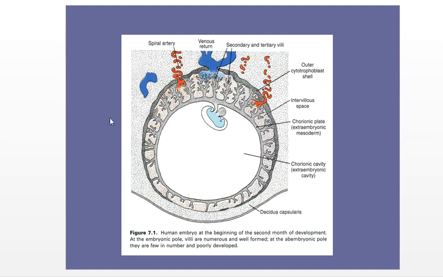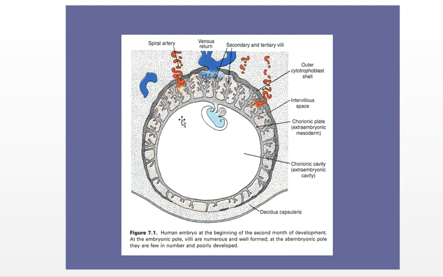Another part of the placenta, as you know, comes from the fetus. That name is the chorionic part. It means that the fetal part of the placenta is developed from the chorion. As you know, the chorion is a membrane formed by fusion of the trophoblast cells with underlying extraembryonic mesoderm.